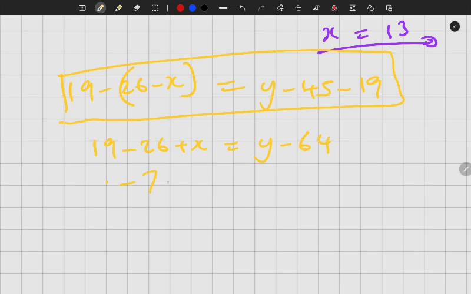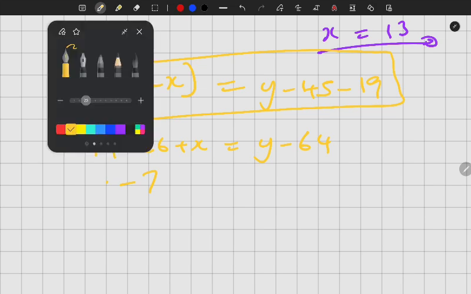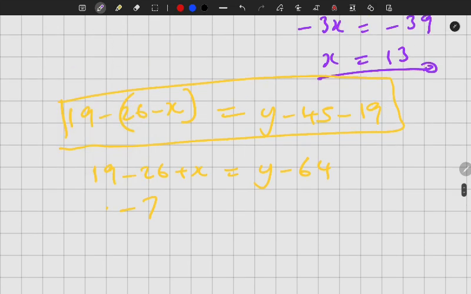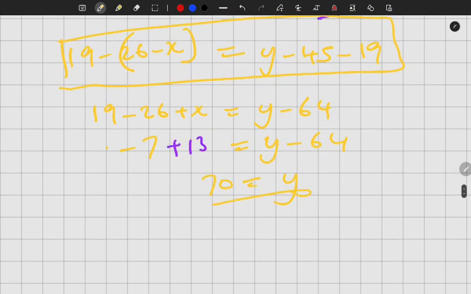But now we know the value of x. 19 minus 26 is minus 7, and x is 13, so this would be plus 13, is equal to y minus 64. Then to solve for y, we have minus 7 plus 13. We transpose the 64, it becomes plus 64. So we're getting 70 as our y value.